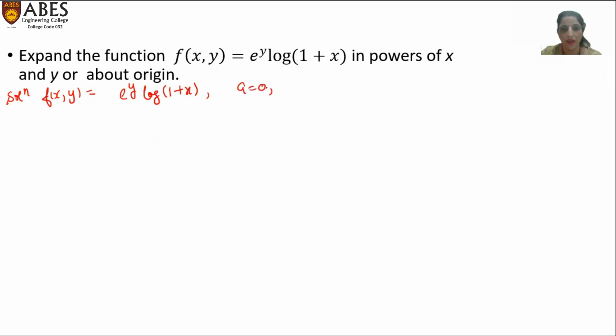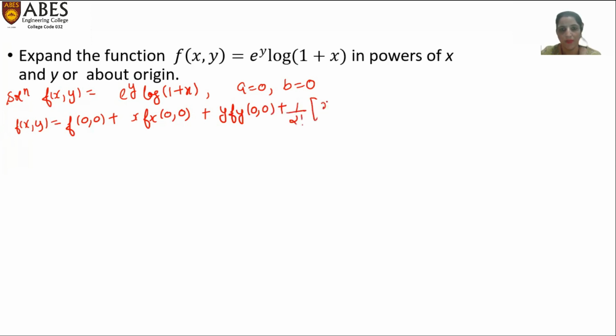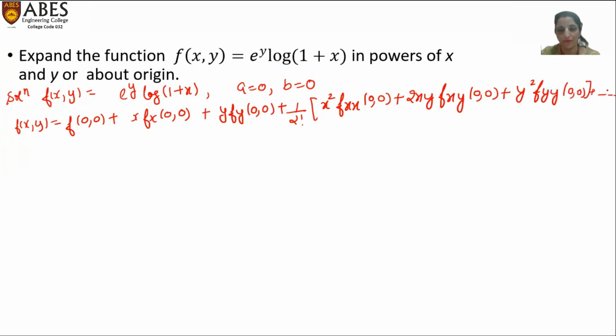About the origin means a is 0 and b is 0, and we are using Maclaurin's theorem, that is, f(x, y) is f(0, 0) plus x times f_x at (0, 0) plus y times f_y at (0, 0) plus 1 upon 2 factorial [x square times f_xx at (0, 0) plus 2xy f_xy at (0, 0) plus y square f_yy at (0, 0)] and so on.